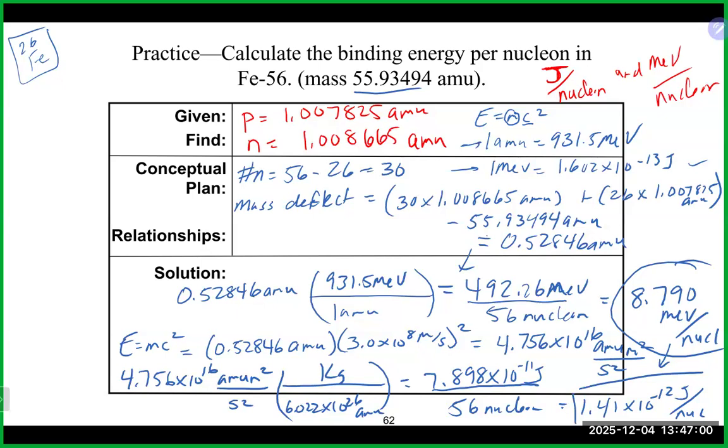Any questions on that? Now, if you remember, last time in the lecture we did two other ones, the fluorine, I think, and the carbon. I think the fluorine came out to 7 point something mega electron volts, and the carbon came out to 6 point something mega electron volts per nucleon. And here we see iron at 8.7 is, based on binding energy, the most stable.